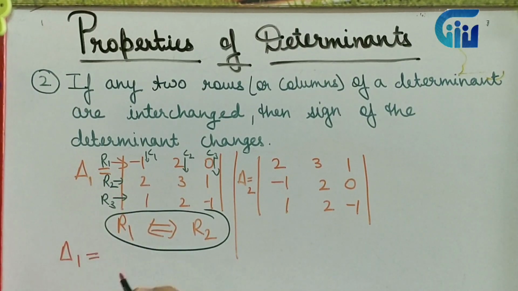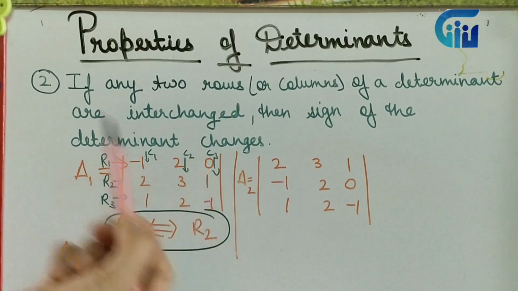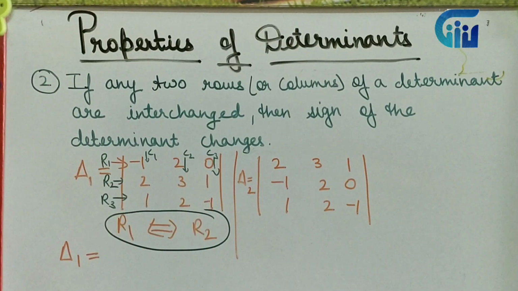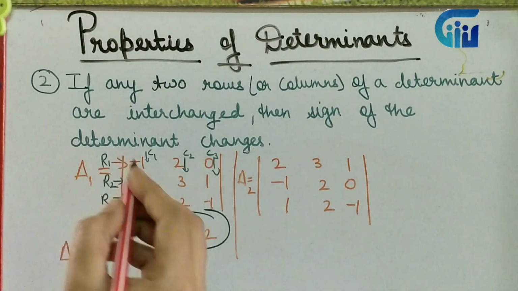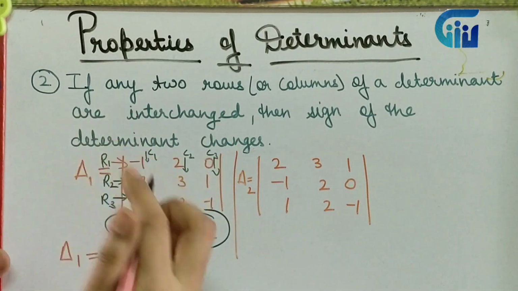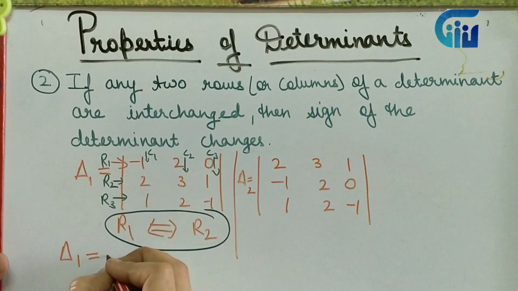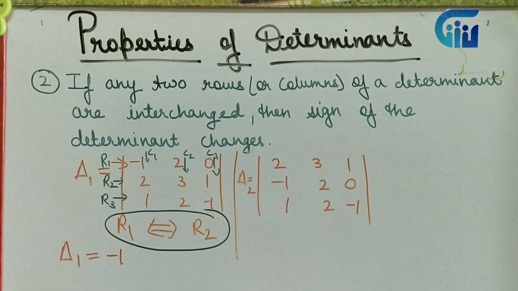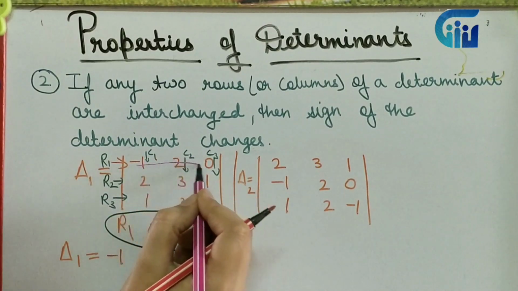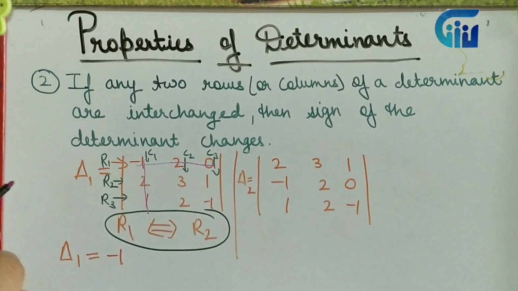So over here, in this determinant, we already discussed in the first video that whenever we have 0 along any row or any column, it is advisable to expand along that particular row or column. So we will expand along R1. So I'll write minus 1. In the same way, the procedure that we followed for the first one, I'll cover it along the row and column.